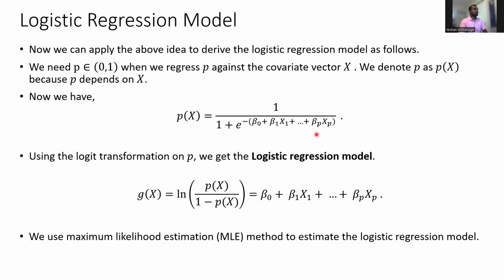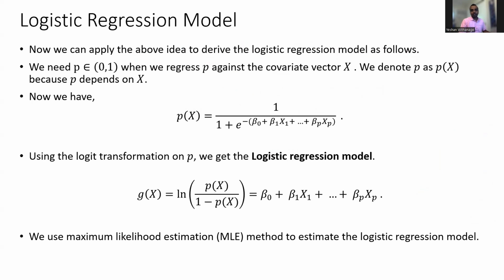And then when we apply this to the linear probability model, we can get the logistic regression model as follows. So let's see how we can apply the logistic transformation to convert the linear probability model so that we can make sure the estimated probability is in between 0 and 1.